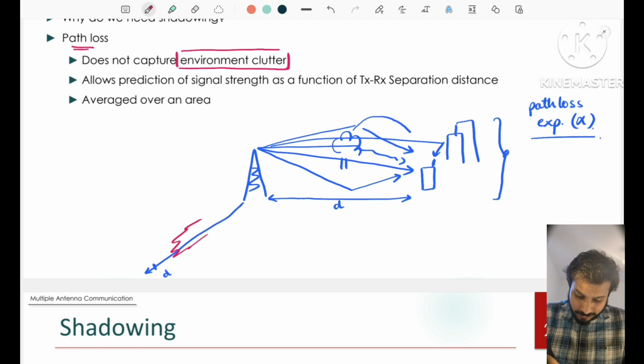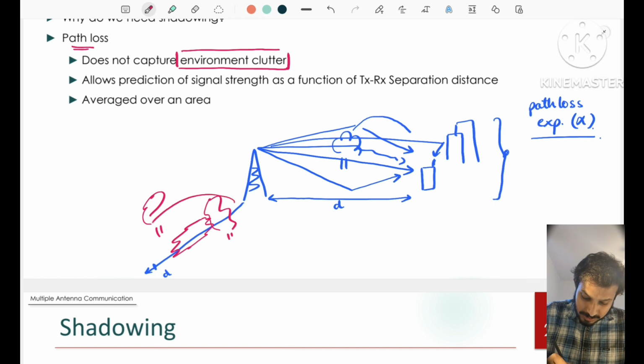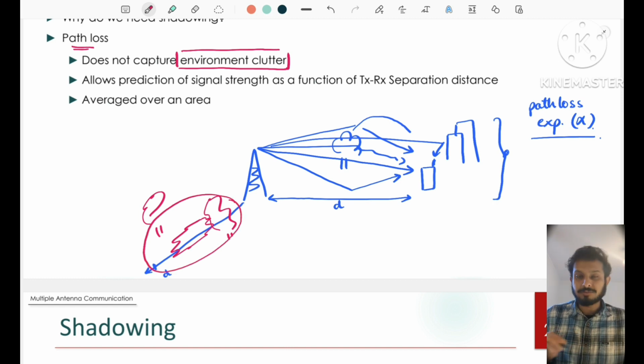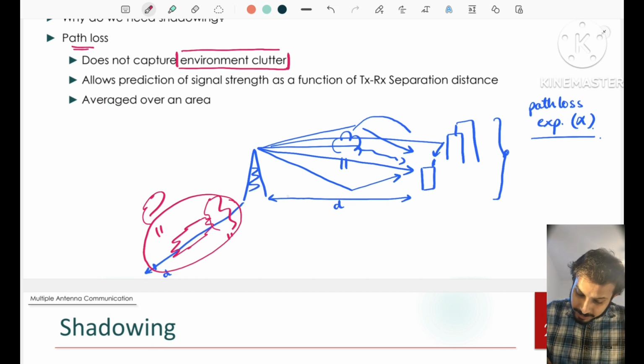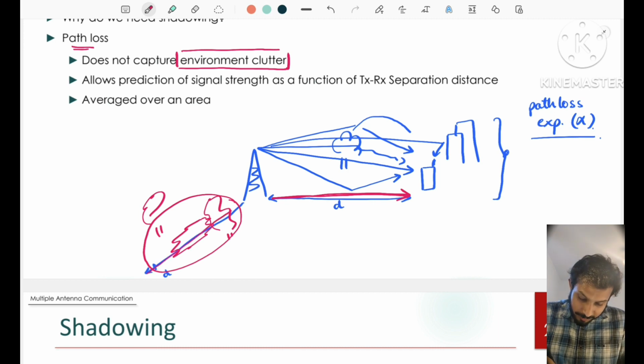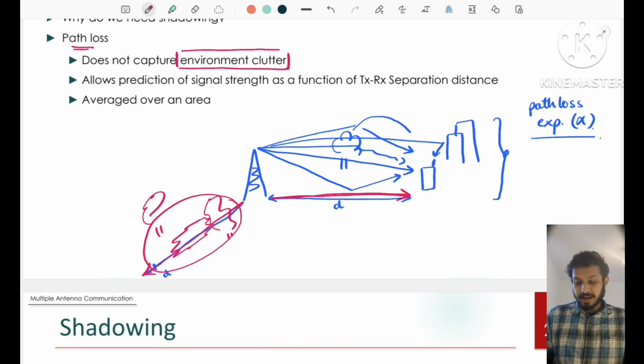Let's say we have water bodies, or many trees, or let's assume this is a forest area. So the operating environment in this direction is different from the operating environment in the earlier direction.